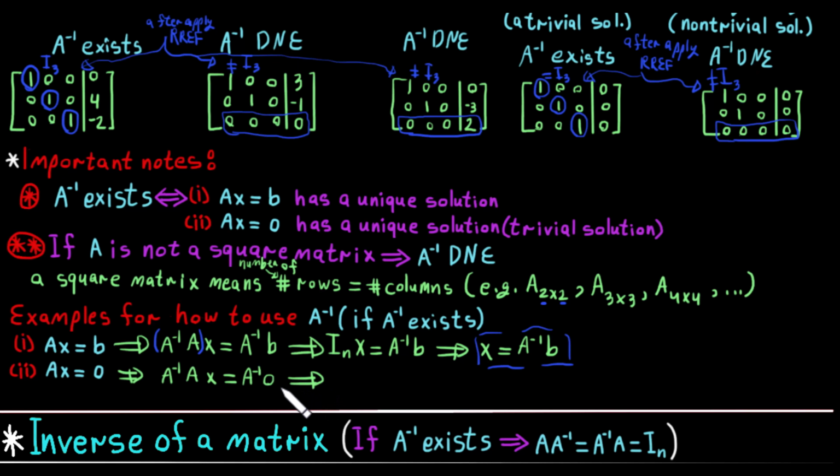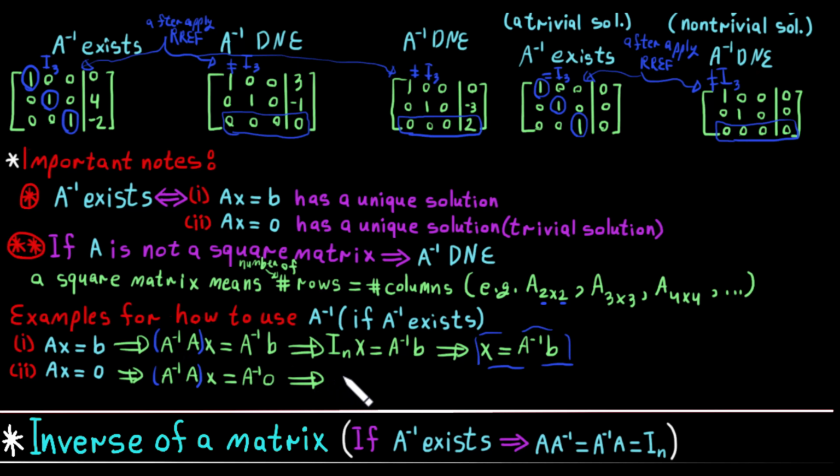Then I will change the color. Here, because A inverse exists, it will be identity. So instead of this, we will delete this one and we will write identity.